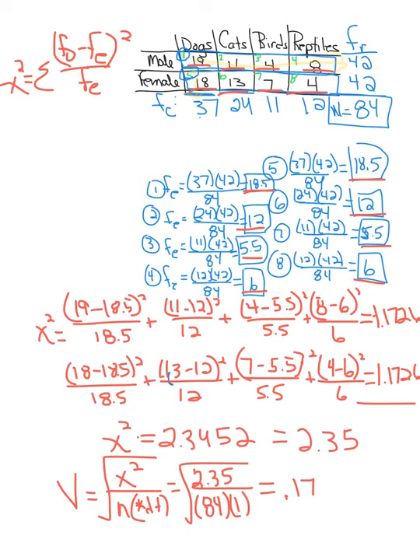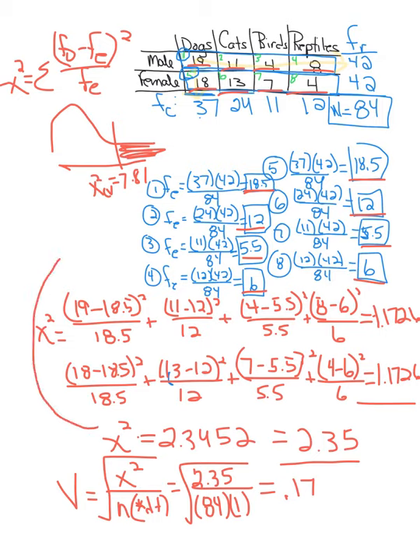So now we can report our results. If we look at this 2.35, let's look at where we were. If you remember, our critical value equaled 7.81, right? Well, 2.35 is here, basically. So we're basically over here.